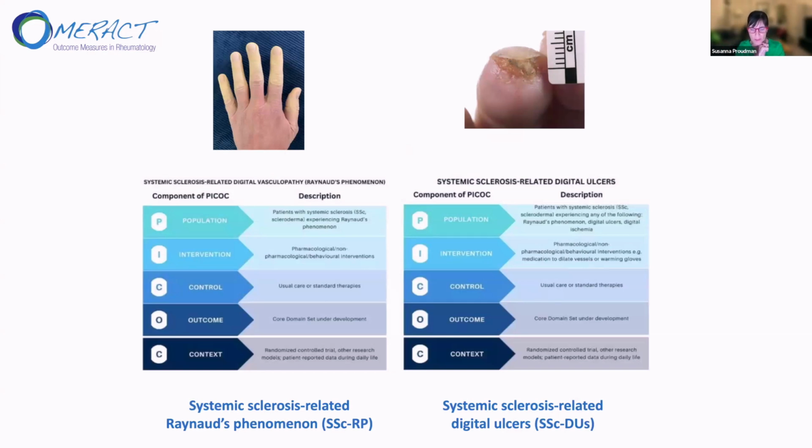for future trials of interventions for scleroderma or systemic sclerosis related vasculopathy, which is broadly separated into Raynaud's phenomenon and digital ulcers. These are complications of scleroderma associated with significant morbidity and potentially even mortality, especially in the case of digital ulcers.